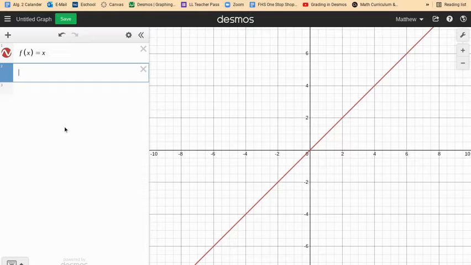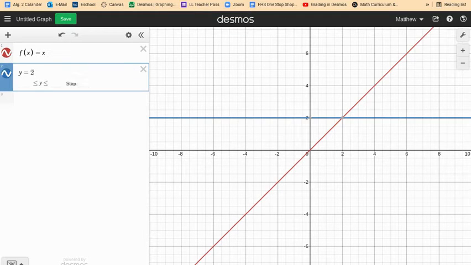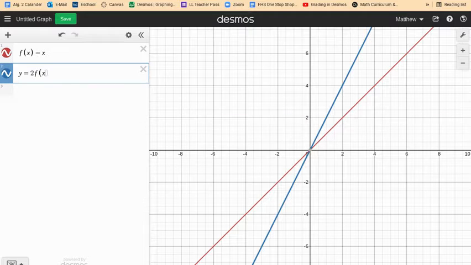Now I can say y equals, and let's change the a value to 2. You can see what happened: now it got a little bit steeper. That's what we call a vertical stretch. And I can obviously change the function, but here it's just a line.